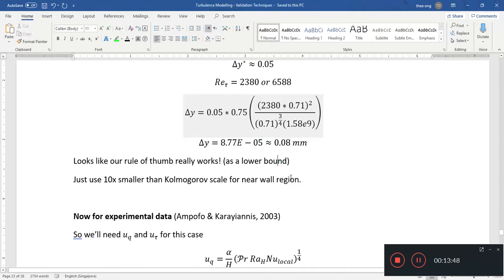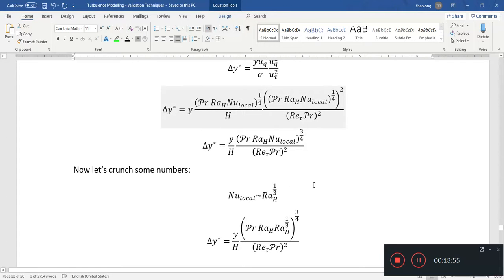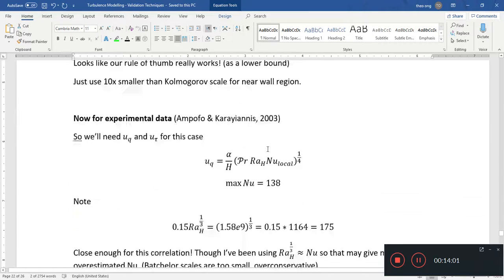Okay, so now we want to check all this with experimental data. Not with all of these correlations, but rather try to get some experimental data here.